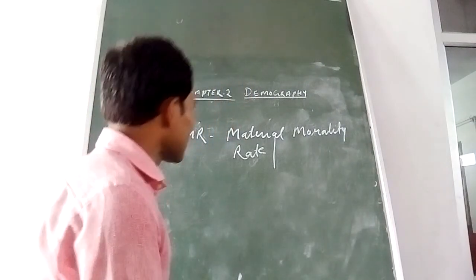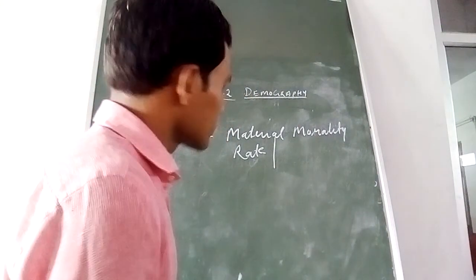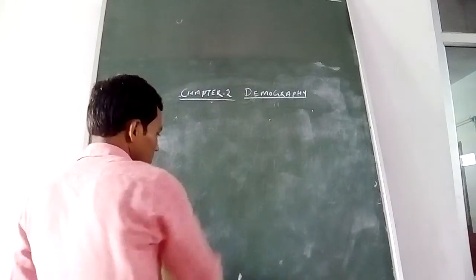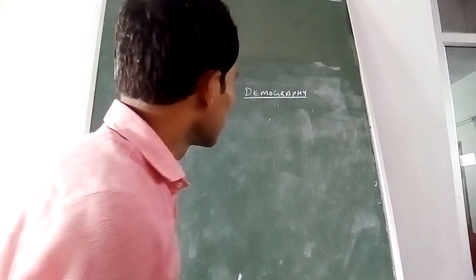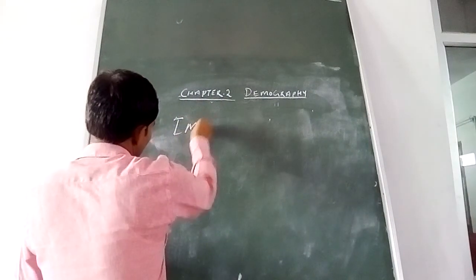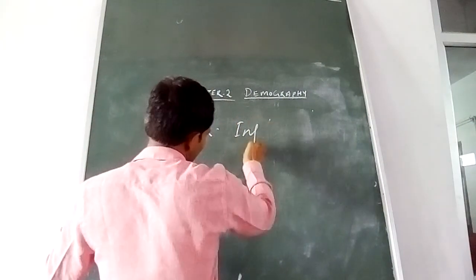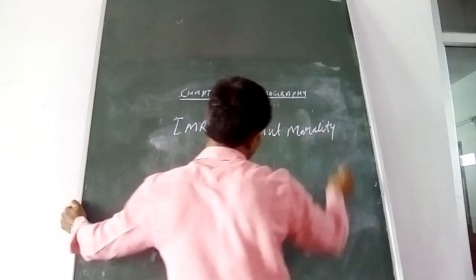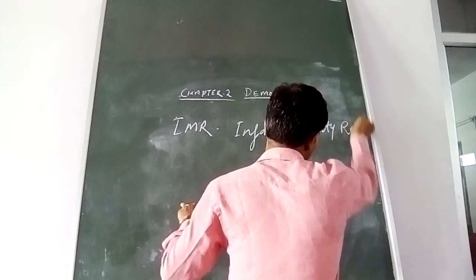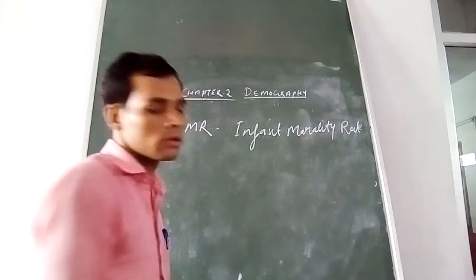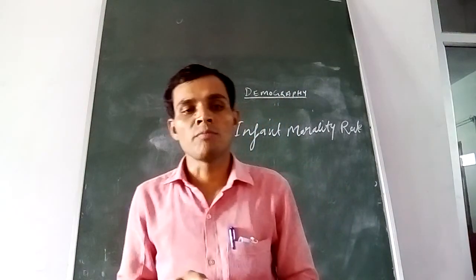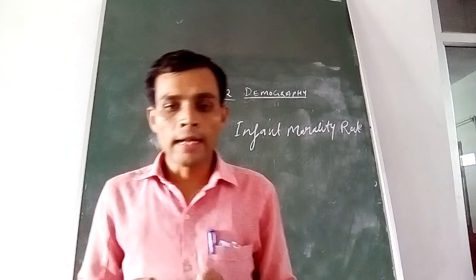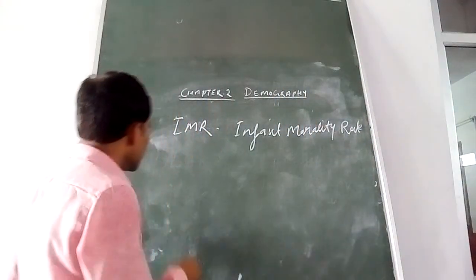Here MMR is the maternal mortality rate, where the woman has died. Then IMR, infant mortality rate, refers to the number of babies dying before the age of 1 year per thousand live births.